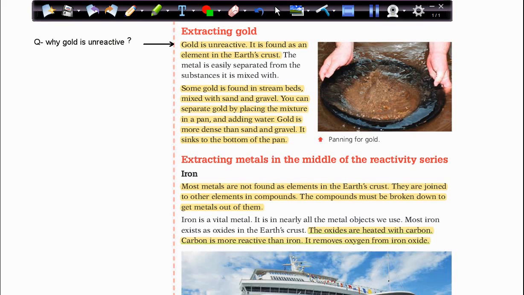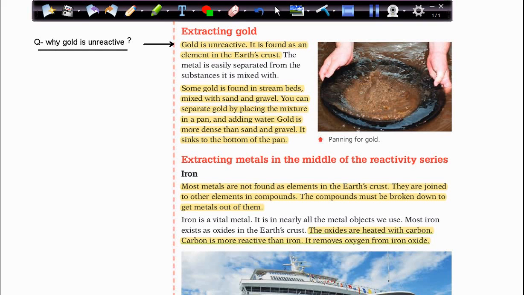Extracting gold. Gold is unreactive. It's found as an element in the Earth's crust. The metal is easily separated from the substances it is mixed with. Here we have a question, okay? Why is gold unreactive?